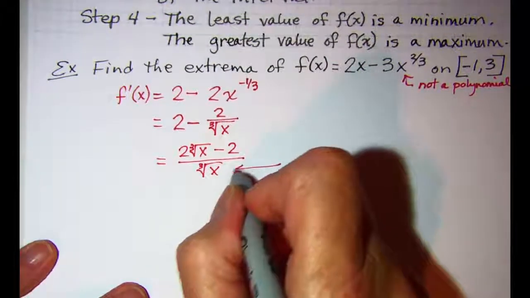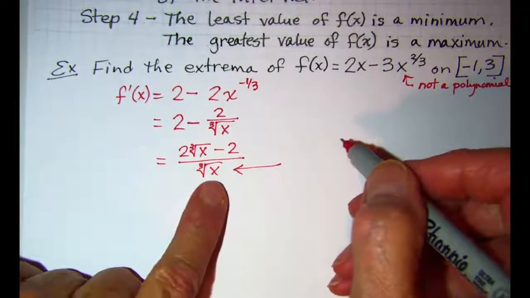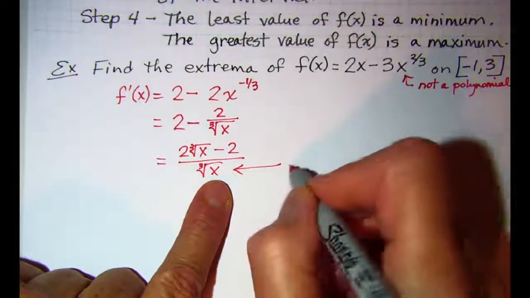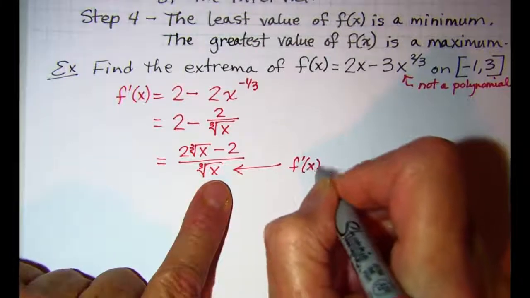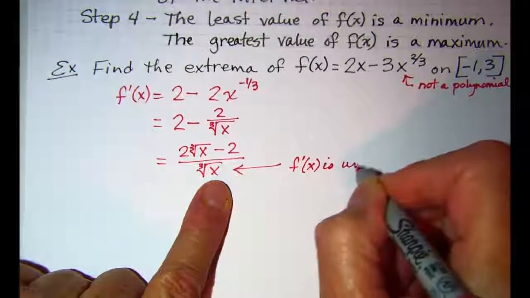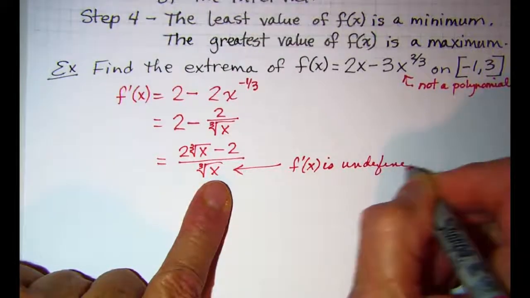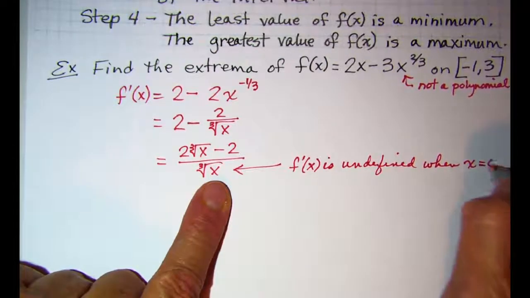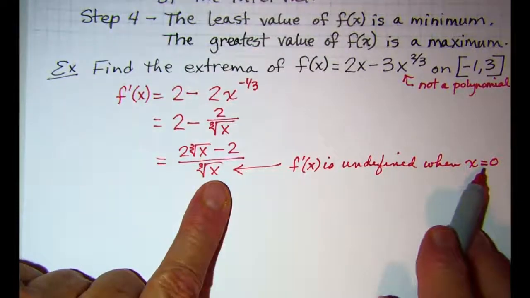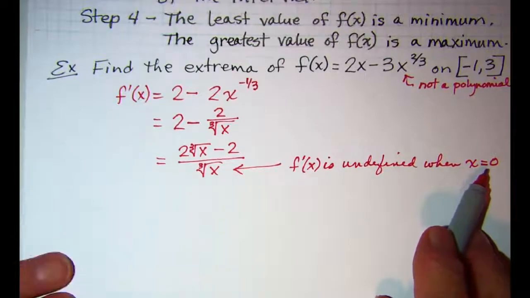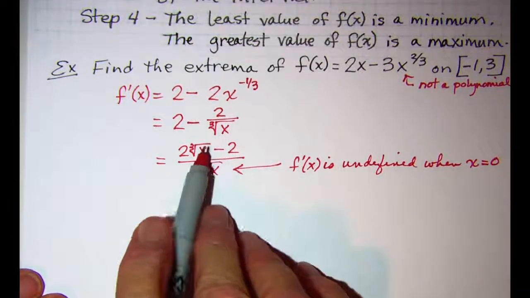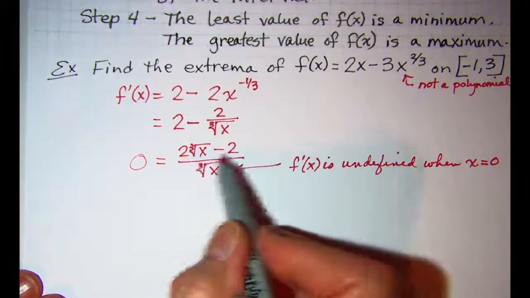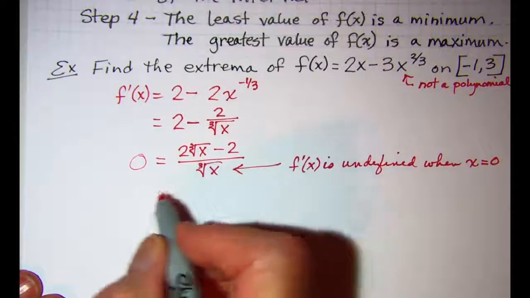So there's our point that is undefined when x is 0. So x equals 0 will be one of our critical numbers. Now if we set our derivative equal to 0, that'll occur when the numerator is 0.